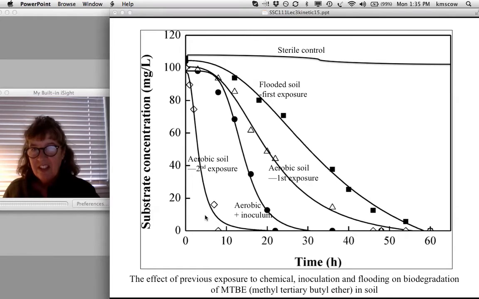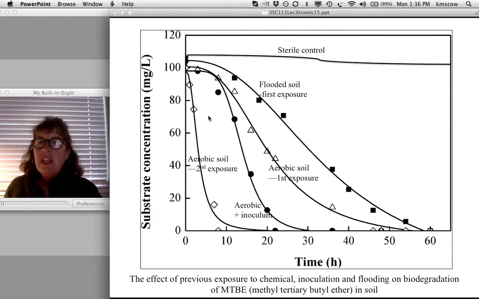Okay. All right. Here is a graph that shows you some curves that describe the breakdown of a contaminant, MTBE. It used to be a fuel additive. My lab's done a lot of work on this. And what you see on the y-axis is the concentration of the chemical that is remaining, obviously starting out at 100%, and what happens to it over time, which is on the x-axis.